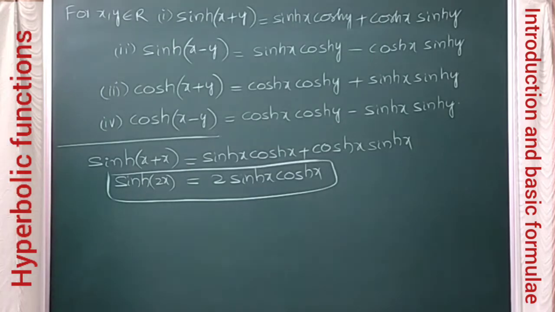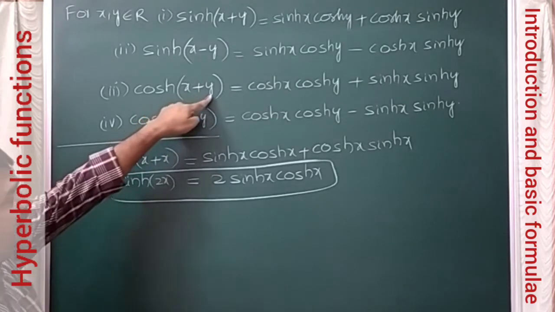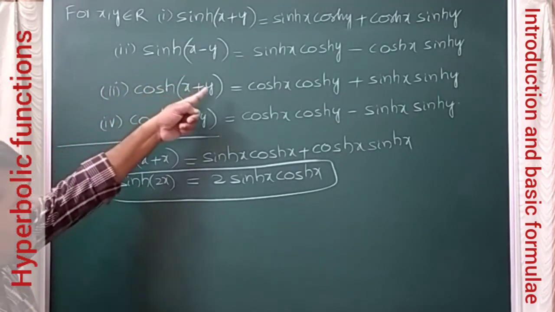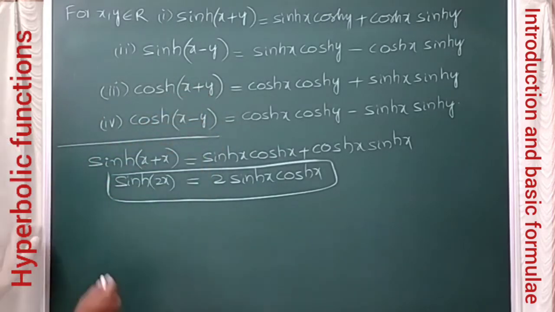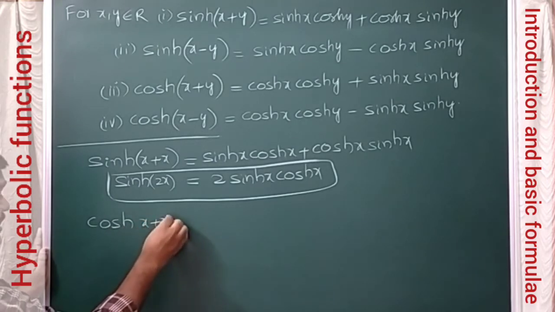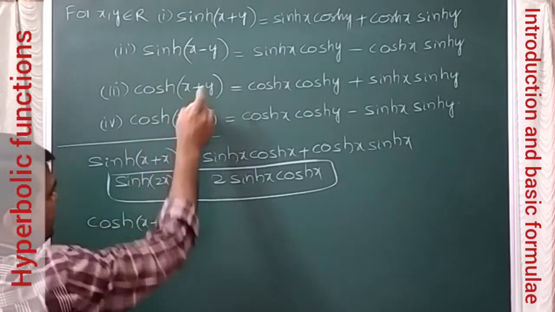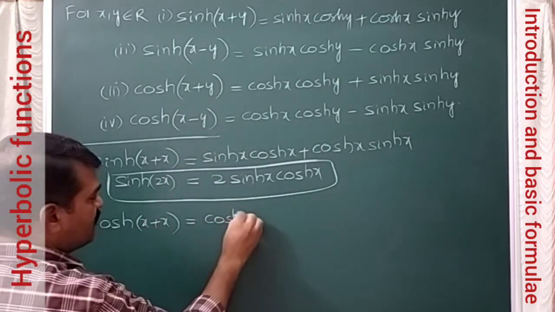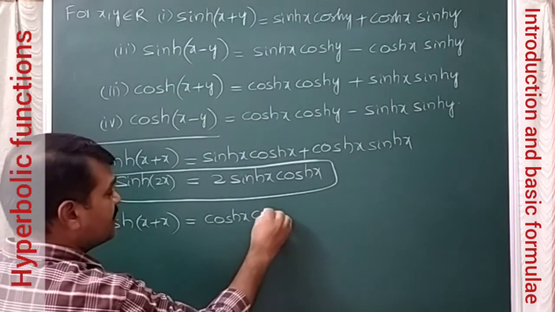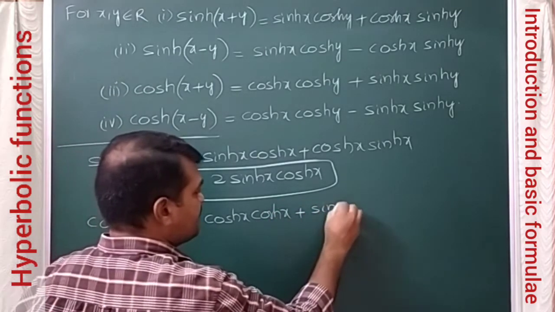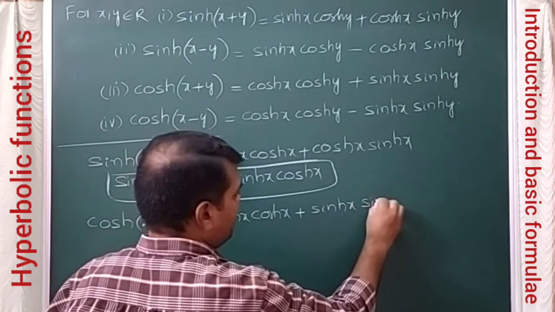Next, I will replace y with x in this third formula. Replacing y with x, what I will get is cosh of x plus x, which is cosh x cosh x plus sinh x sinh x.